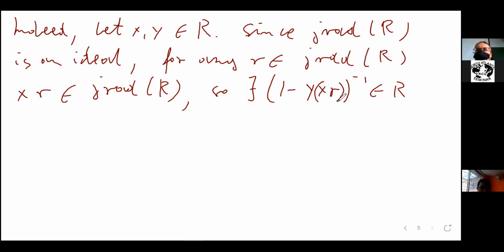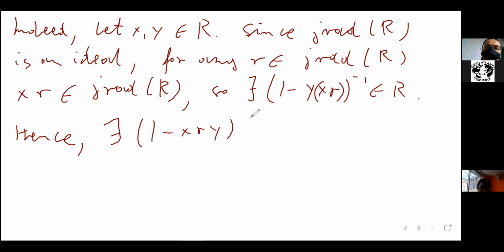But now we use this property that 1 minus sr is invertible if and only if 1 minus rs is invertible to conclude what we want. So hence, by one of these properties discussed on the previous page, I can flip y over to the other side, and I can say that there exists the inverse of 1 minus xry in the ring.